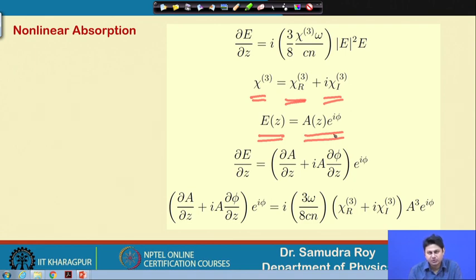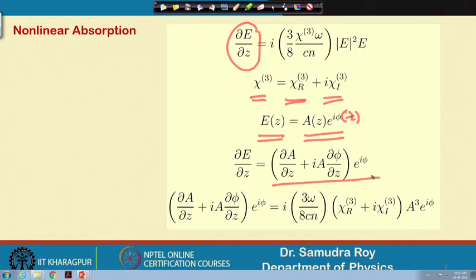Here I write the amplitude A, which is a function of z, and phi is also a function of z. And now if I do the derivative of E with respect to z, because on the left hand side I need this quantity, it is nothing but dA dz plus iA d phi dz e to the power i phi. This is the same treatment that we have done in the previous slide.